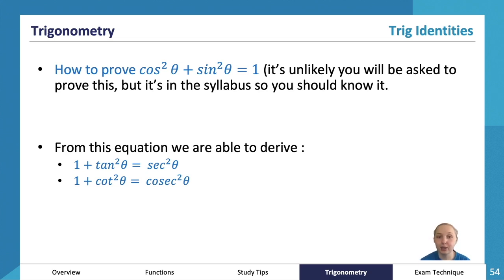And then from that equation, you can derive the second of the trig identities, that 1 plus tan squared theta equals sec squared theta, and 1 plus cot squared theta equals cosec squared theta. Now, this identity here is on your formula sheet. These two are not, so you do have to know them. And they are super, super, super important to know for when you get questions about trig identities. We'll have a look at some example questions in a little bit, but just knowing that they're there for now is enough.